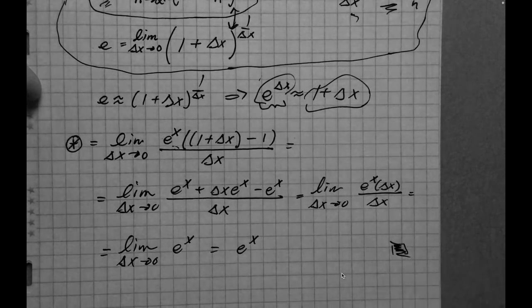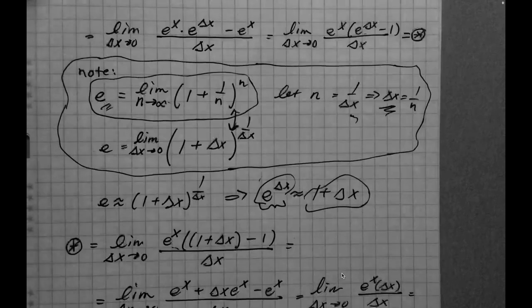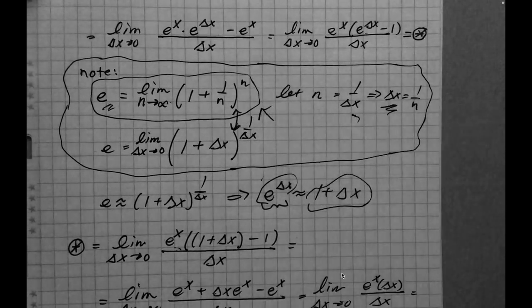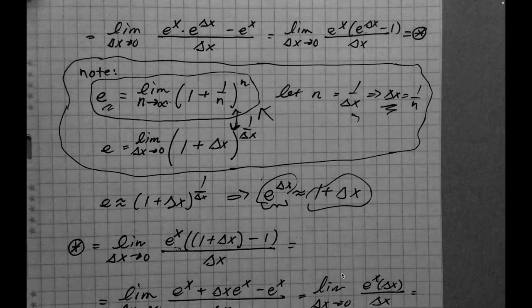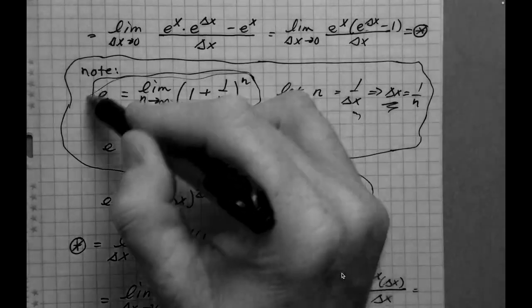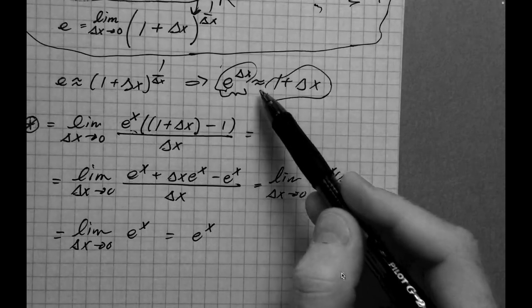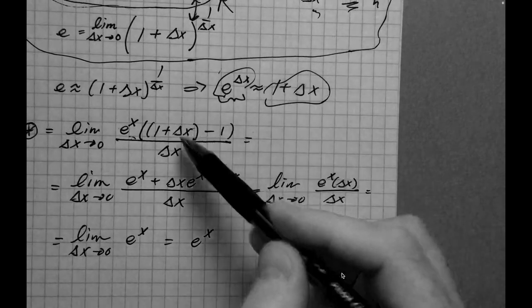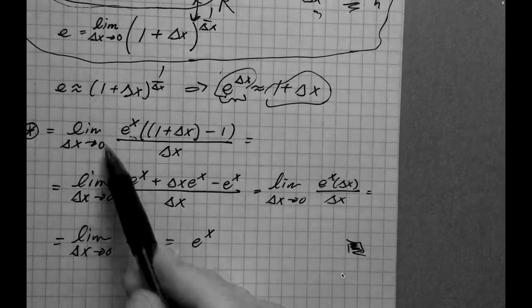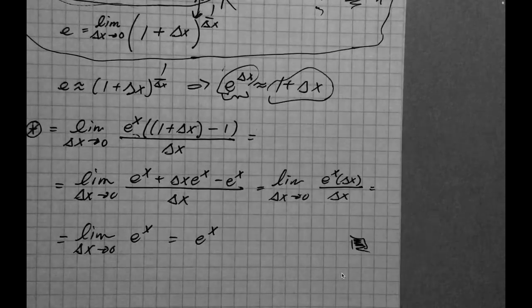Now the tricky part of this argument comes from right here. Understanding that piece of it, and then recognizing that in the limit, e to the delta x is equal to 1 plus delta x and can be substituted. Knowing that we're going to be taking the limit, we know that these two are going to be equivalent.